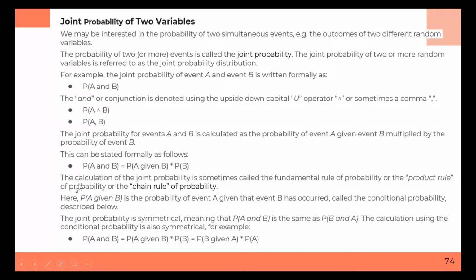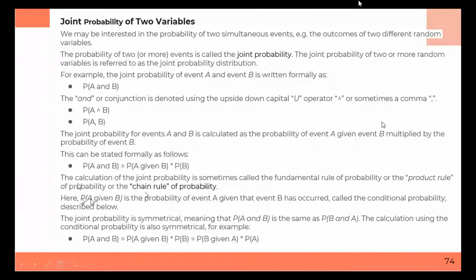The calculation of joint probability is sometimes called the fundamental rule of probability, or the product rule of probability. As we are multiplying 2 types of probabilities, we are calling it the product rule of probability or chain rule of probability.